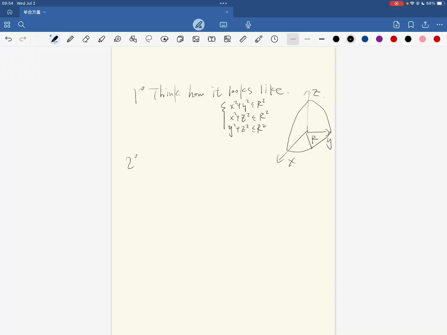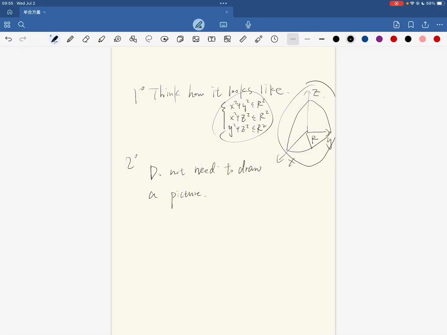And the second method is we do not need to draw a picture. To be honest, when I first looked at this, my brain couldn't come up with this kind of shape.